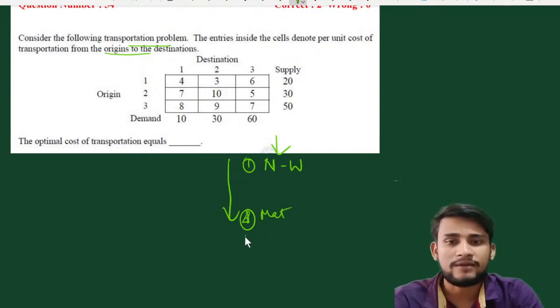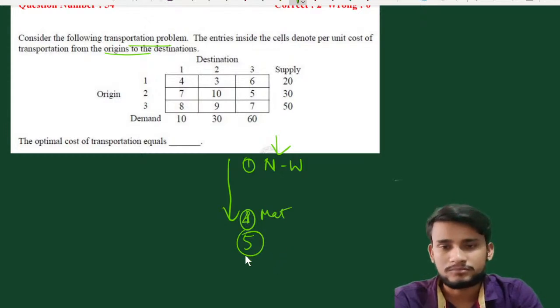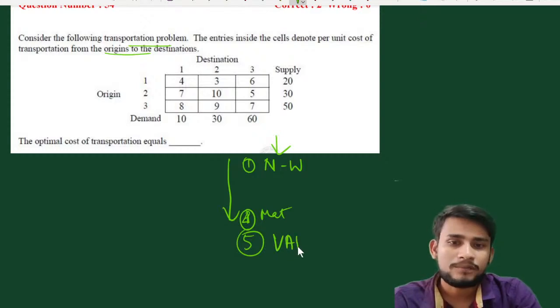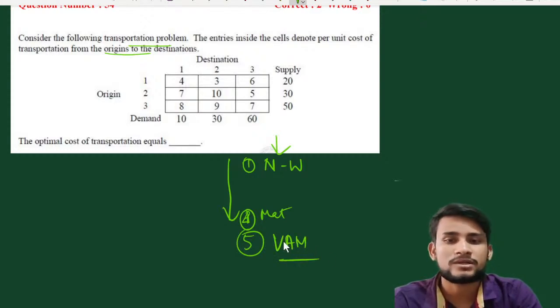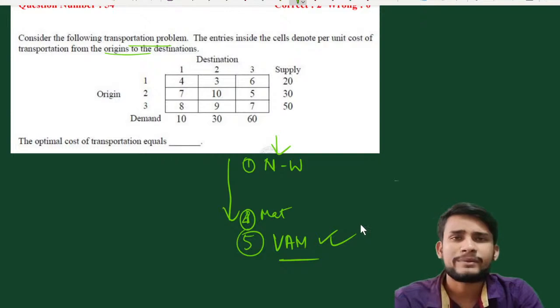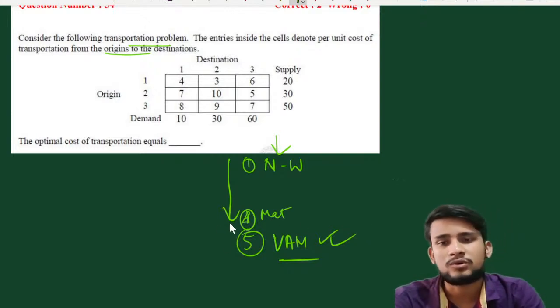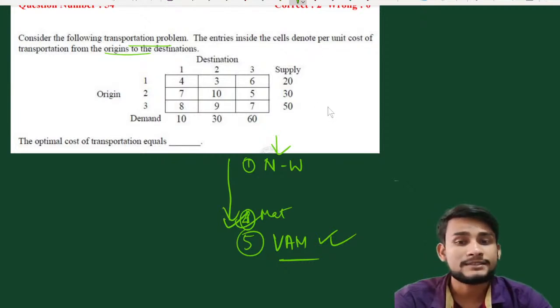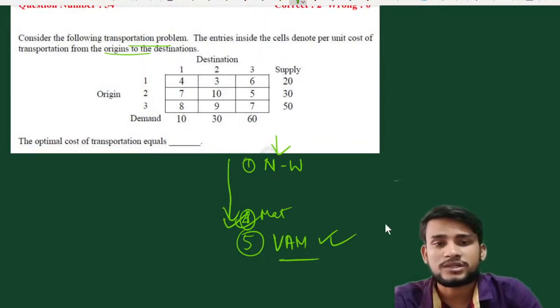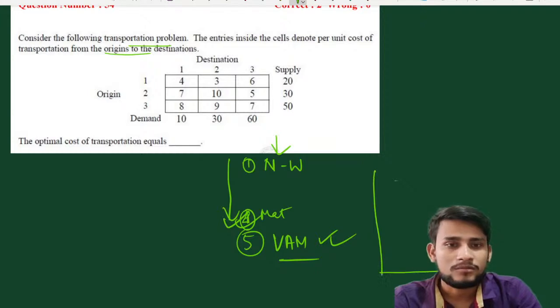VAM is the most favorable method, and VAM gives the most improved initial basic feasible solution, but VAM is a big method with various calculations. So we apply the matrix minima method here.